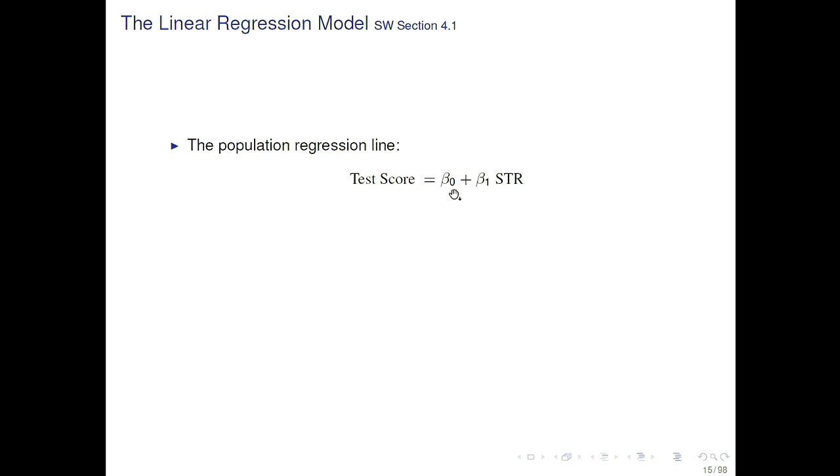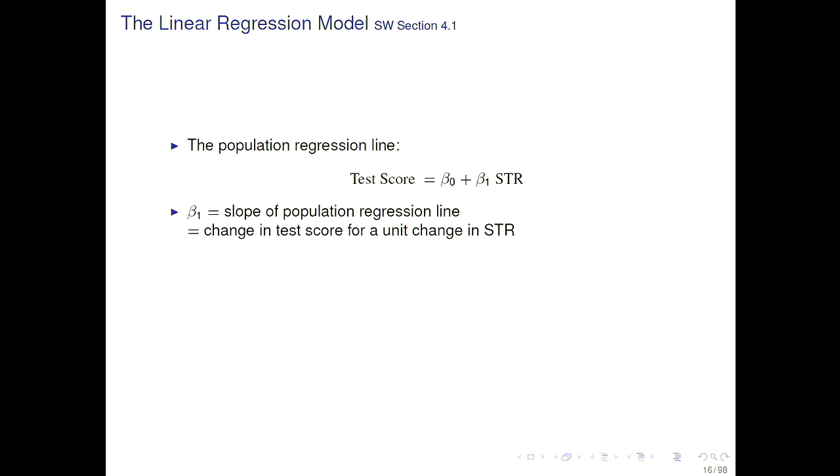Under this linearity assumption, we have two underlying population parameters, beta 0 and beta 1. Beta 1 is the slope parameter, and we want to estimate beta 1 because this measures the effect of student-teacher ratio on test score.